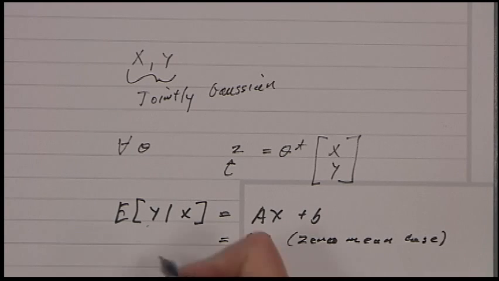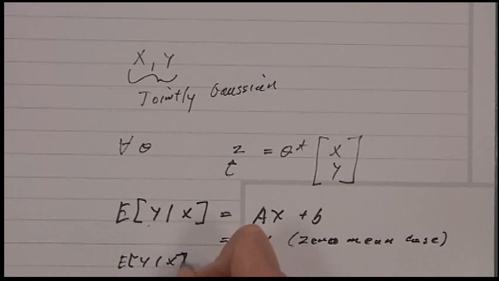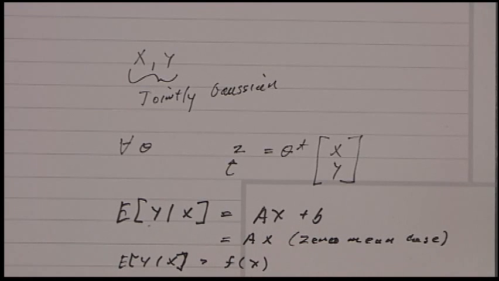If you tell me that the conditional expectation of y given x is equal to f of x, where this is any function of x, so this isn't necessarily a linear function, then that's a huge set of operations, and parameterizing it is extremely difficult.